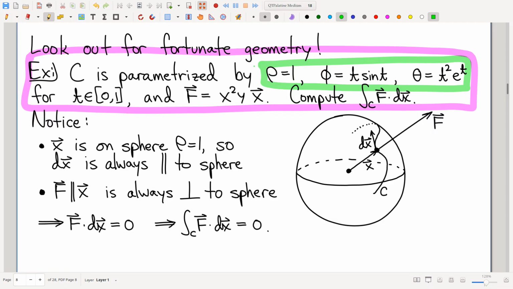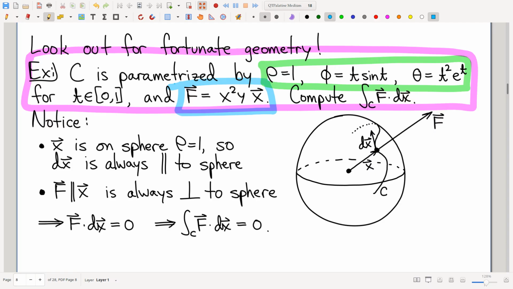Everybody believe it? Okay. Let's look at the vector field here. Not so bad, I suppose, but still a little weird. X squared times y is going to be pretty horrendous on its own because, again, x, y, and z are horrendous from that, right? So it's a nightmare of a computation we're looking at here, if you do this the old-fashioned way.